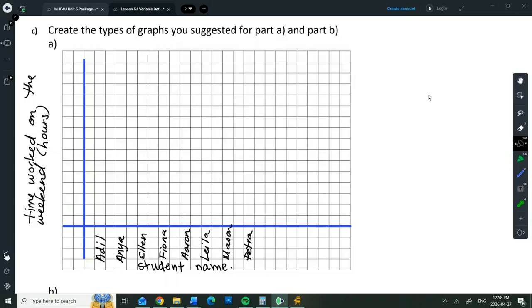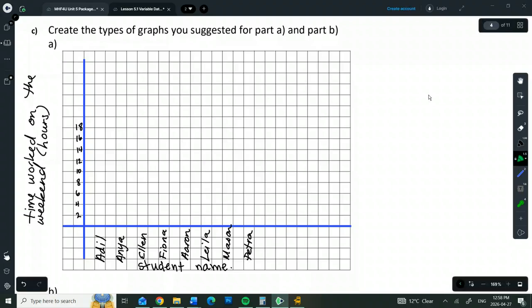I think we could probably spread it out a little bit more than that. Maybe like by twos. 2, 4, 6, 8, 10, 12, and so on. And then at least we have like a good spread where we can actually read it and see. All right, so Adil, or however you say that name, works 18 hours. So we're going to put that bar all the way up to 18 hours, color in the rest.